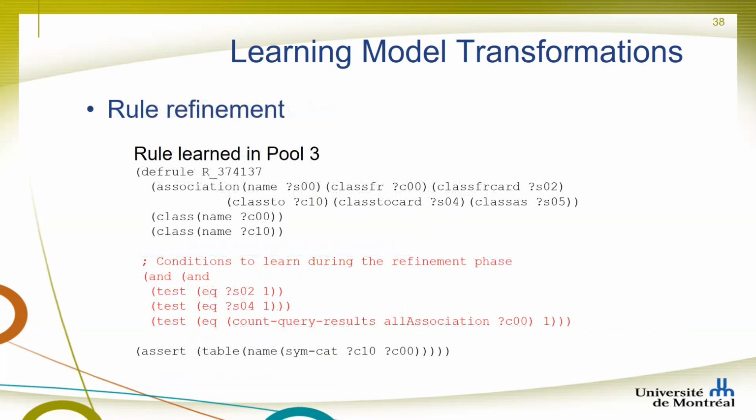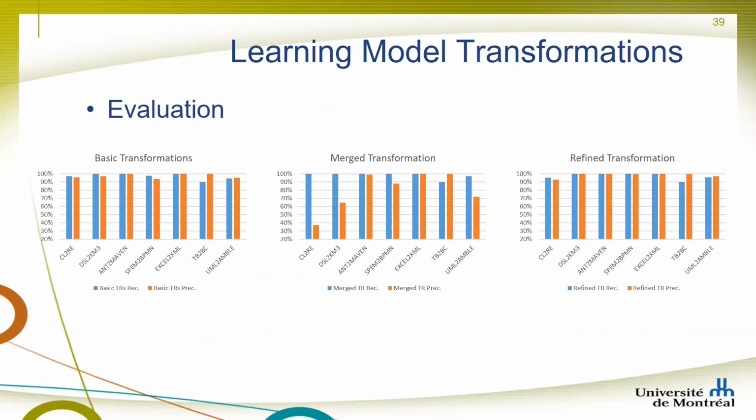And so the only thing that I do is inject these additional conditions that check that, when I concatenate the tables, one of the classes does not have more than one association. So this is a way of injecting these conditions and improving our rule set.